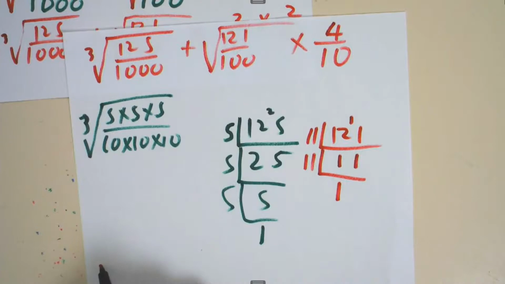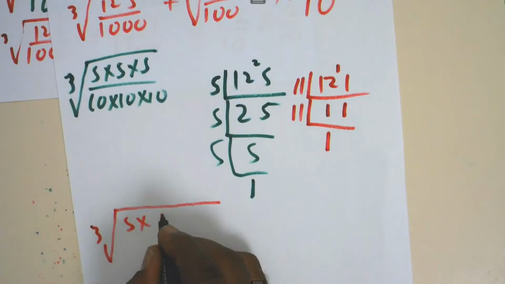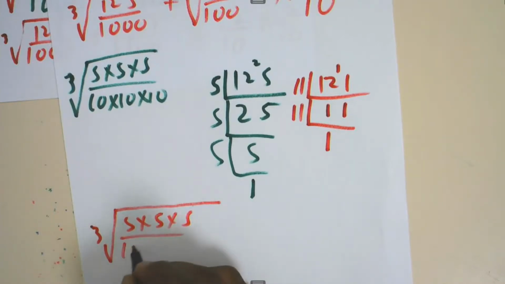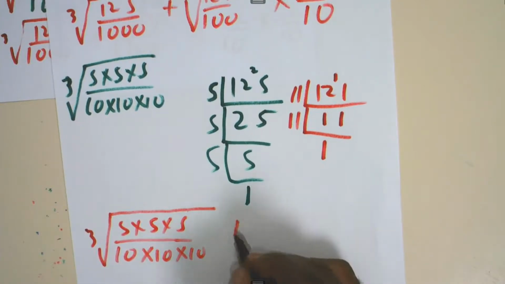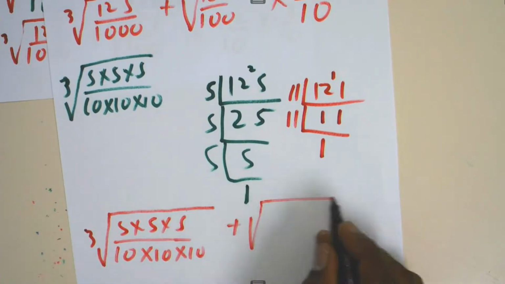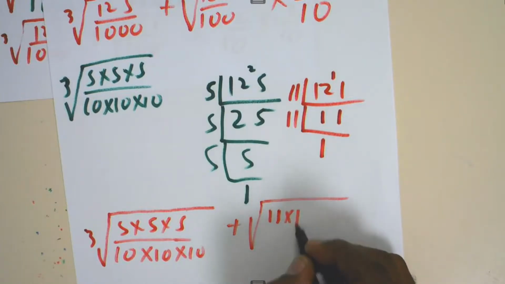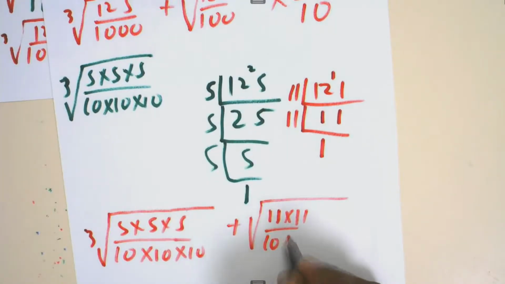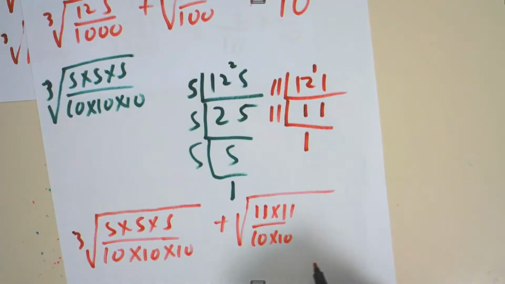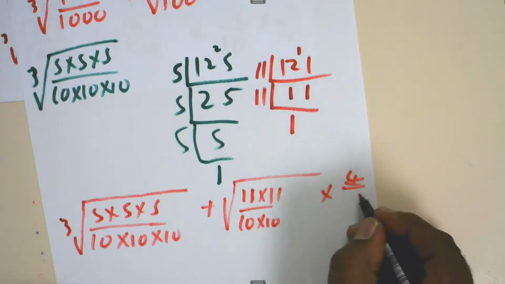Cube root of 125, 5 by 5 by 5, 10 by 10 by 10. Right? Plus 121 is 11 by 11, 100 is 10 by 10, multiplied by 4 over 10.